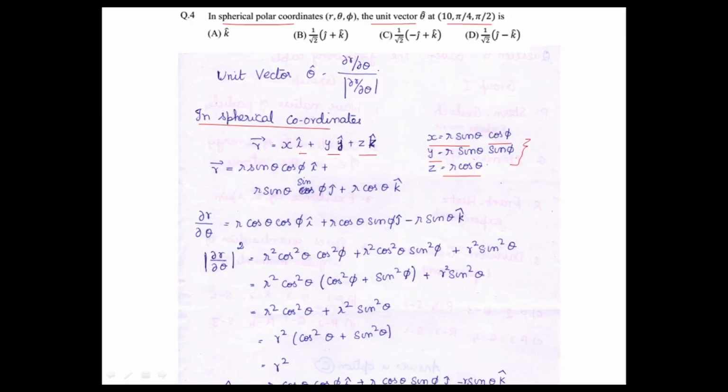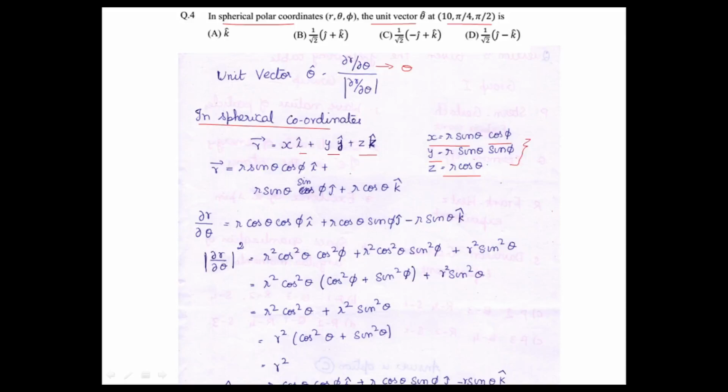First we have to find the partial derivative of the position vector with respect to theta. So dou r by dou theta is equal to r cos theta cos psi i cap plus r cos theta sin psi j cap minus r sin theta k cap.